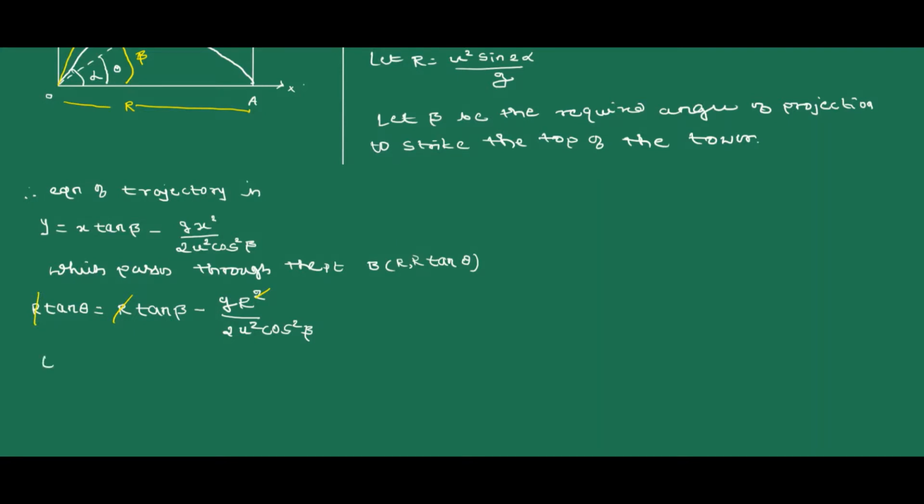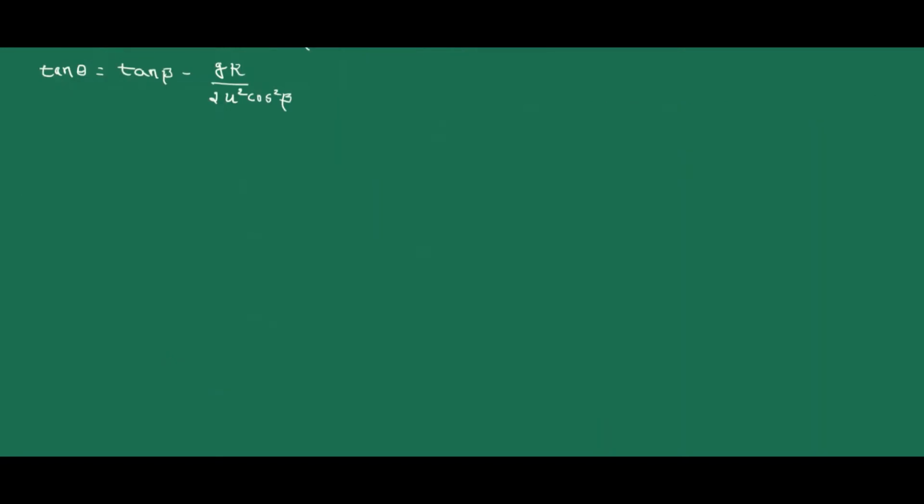So we are left with tan theta is equal to tan beta minus gR divided by 2u square cos square beta. Here tan theta we can write as sin theta divided by cos theta.